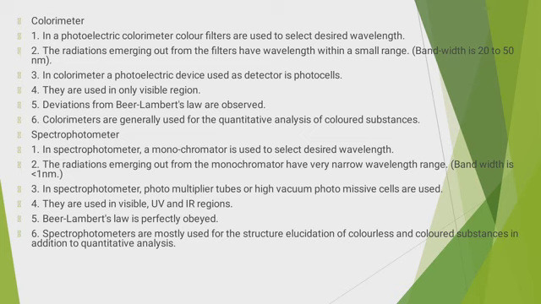So the colorimeter is only useful for the quantitative analysis of colored substances, but the spectrophotometer is used for the structural elucidation of colorless as well as colored substances in addition to the quantitative analysis. So this is the main difference between photometer, colorimeter and spectrophotometer.